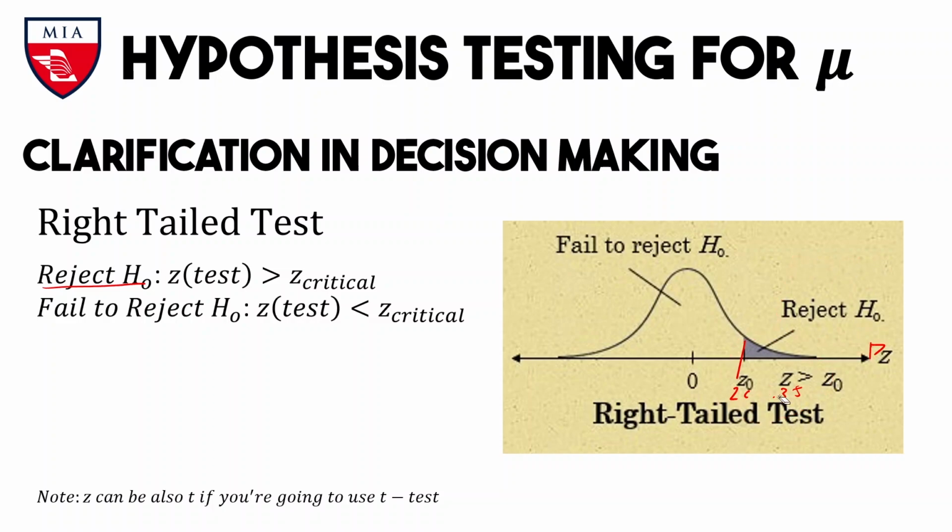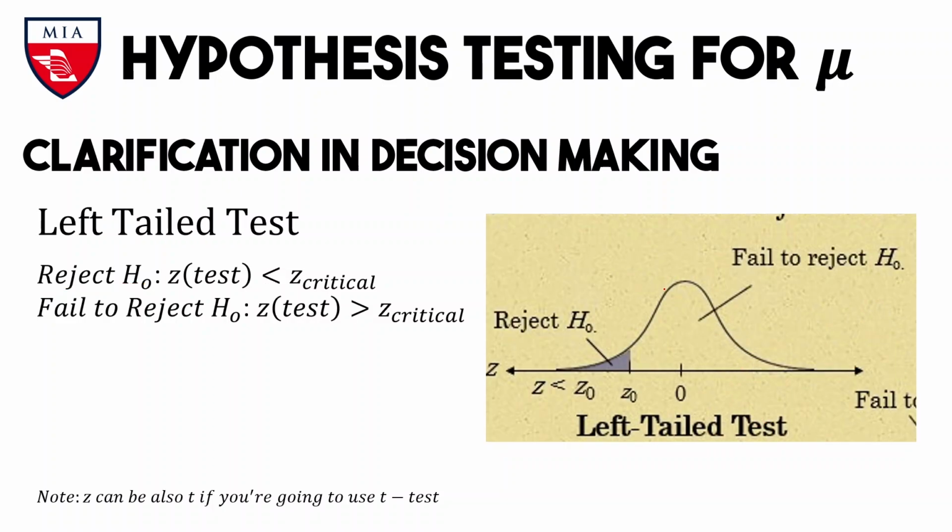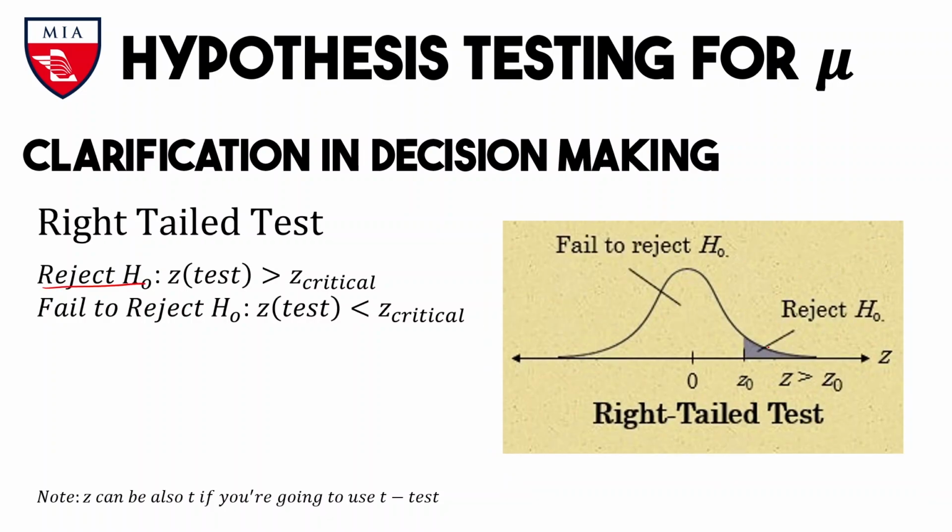On the other hand, for example, we have a z critical of 1.2, and the value of our z-test is equal to 0.9. We can conclude that we fail to reject our null hypothesis here because the value of our z-test is not inside the critical region.